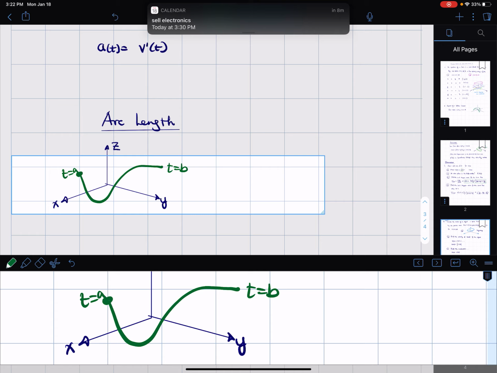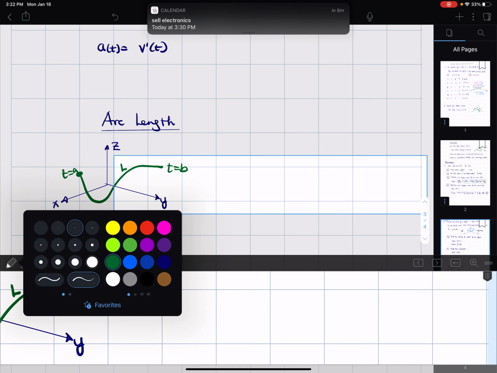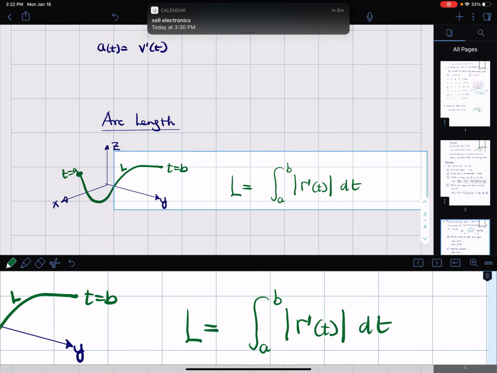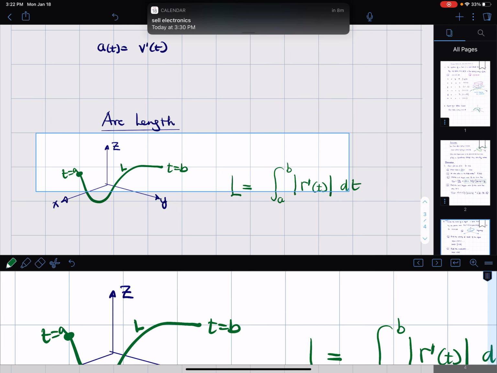And you're looking for the length of this trajectory. The length of the trajectory now is going to be the integral from a to b of the absolute value of r prime of t. That's the absolute value of the tangent vector, then dt. Okay. So remember, we're assuming that this curve is described as r of t.